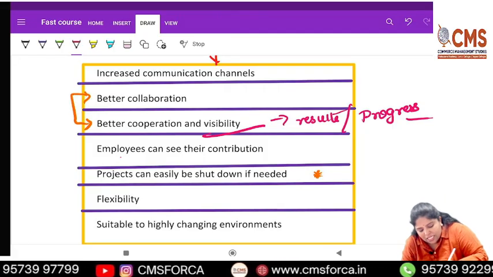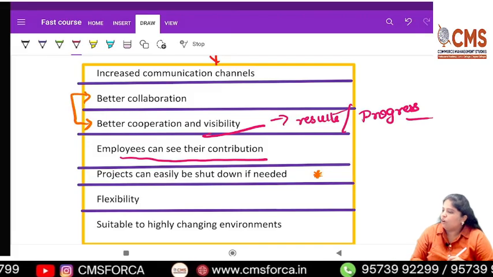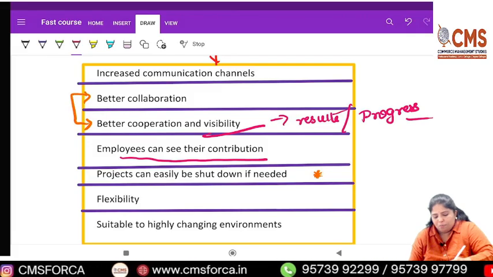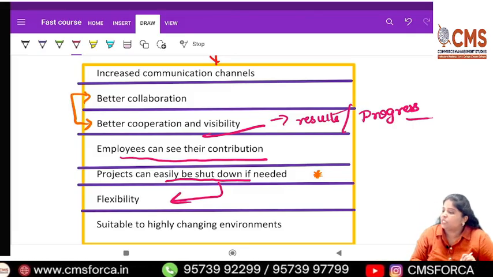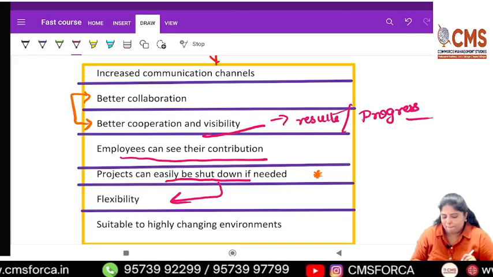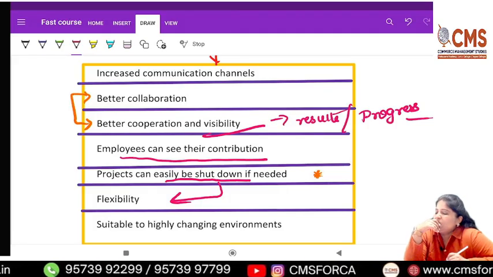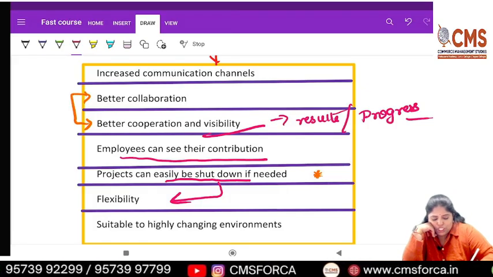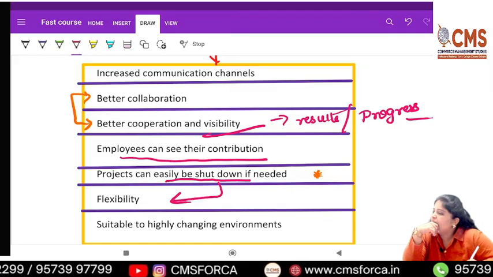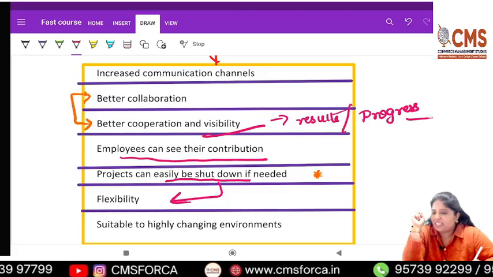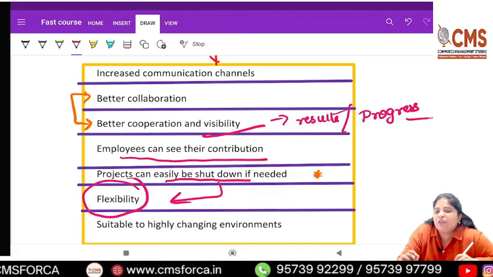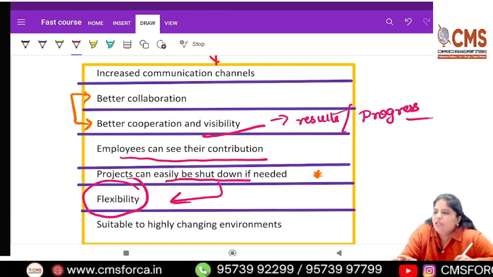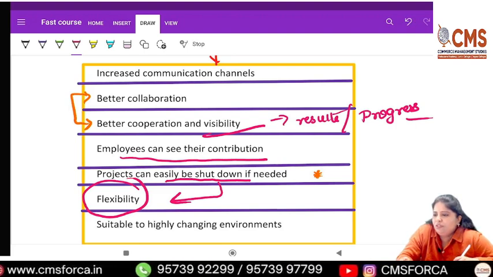You can see as an employee what your contribution to the project is. The project can be easily shut down if needed, hence we say it's a very flexible structure. So wherever you have an environment which is quite complicated, very turbulent, it's better to go for matrix structure. For one simple reason, matrix structure is very, very flexible and adaptable to change.